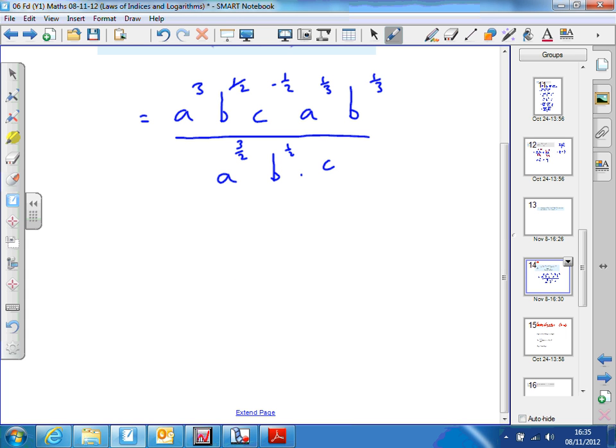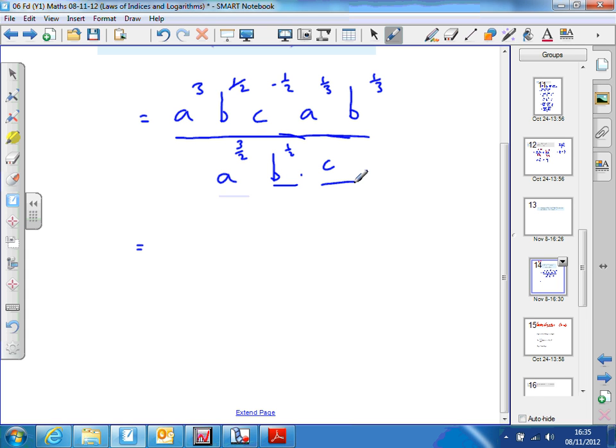And then I bring these bottom powers here up to the top by calling them negative powers, because the inverse, these are all inverse over a cubed, a to the 3/2, over b to the half, over c. They're all inverses.